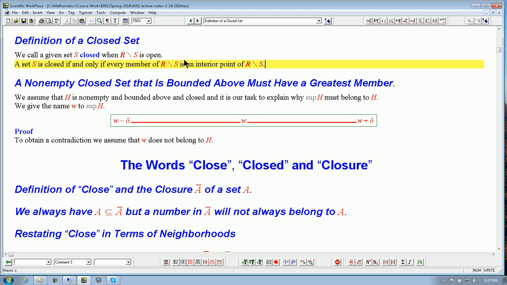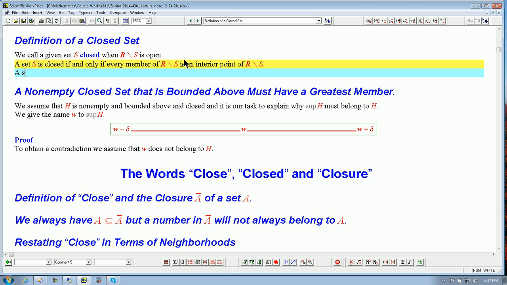I'm going to say this again in a different color. A set S is closed if and only if for every x in complement S, the number x must be an interior point of complement S. That's not what I'm going to write.